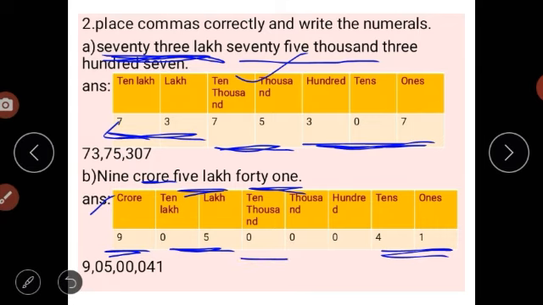All the columns coming in the way, we will place 0. So here there is no value for thousands, that's why we are writing zeros. And also there is no value for 100, that's why in the column of 100 also we are writing 0 only. And after that we have tens and ones. So here the value 41 is given. That's why we have written 41 in the end.